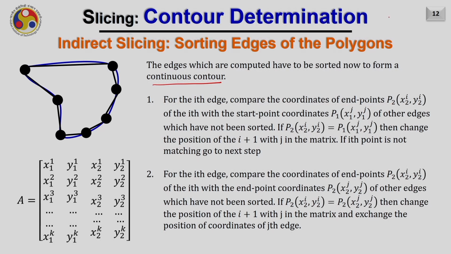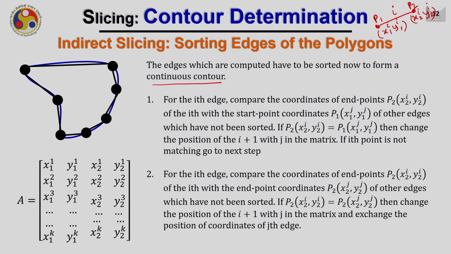Let us consider that each line which I just explained consists of 2 points; let us call the first point P1 and the second point P2. The coordinates of these will be given as x1, y1 and x2, y2. If it is the ith edge, then a superscript i will be written here.